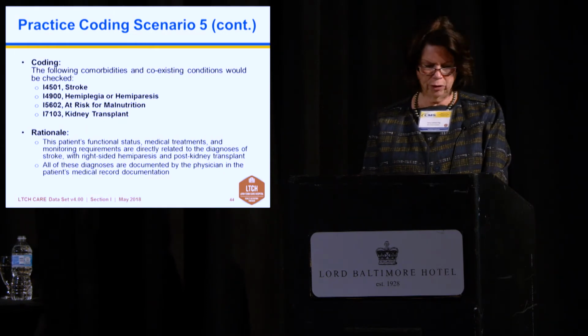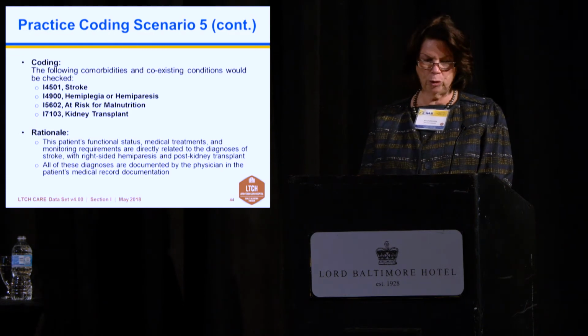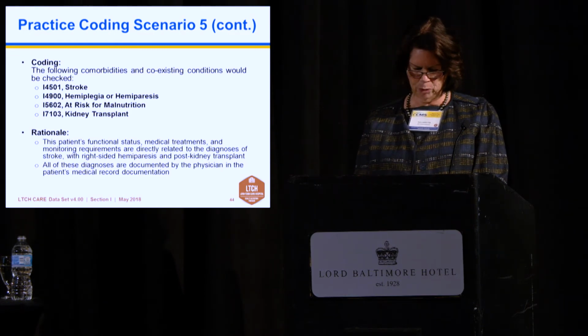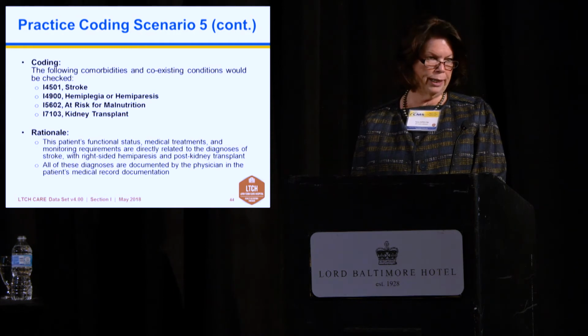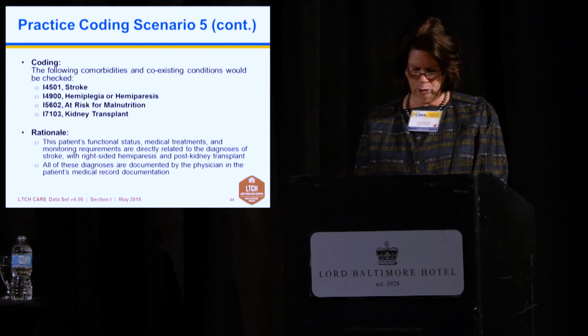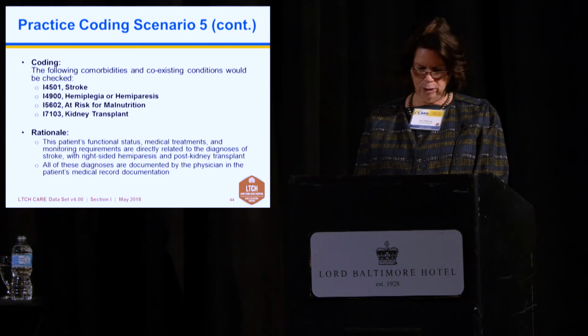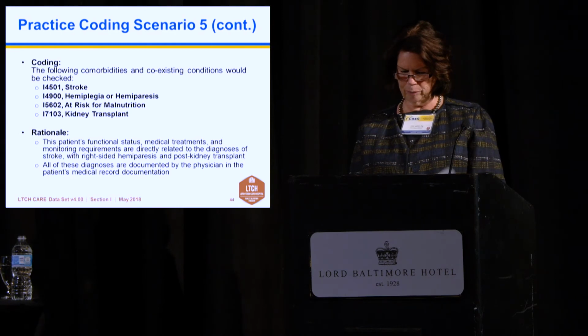You would code the stroke, hemiparesis, and at risk for malnutrition, and status post a kidney transplant. The patient's functional status, medical treatments, and monitoring requirements are directly related to the diagnosis of stroke with right-sided hemiparesis and post-kidney transplant. All of these diagnoses are documented by the physician in the patient's medical record.